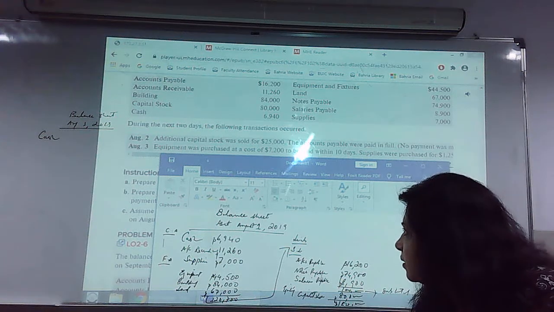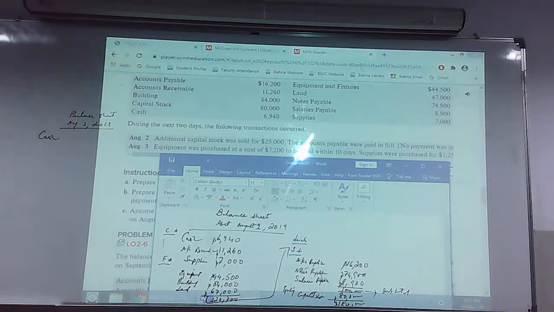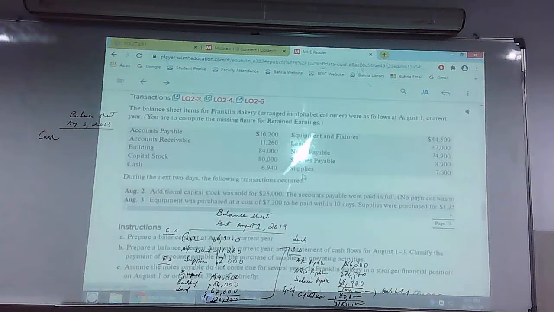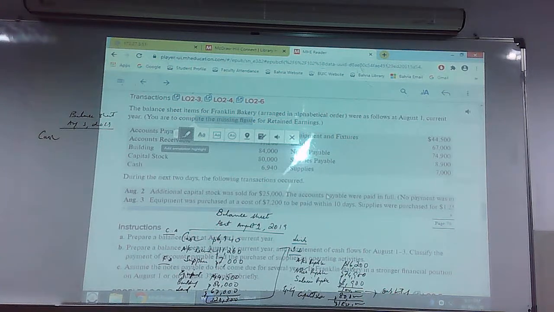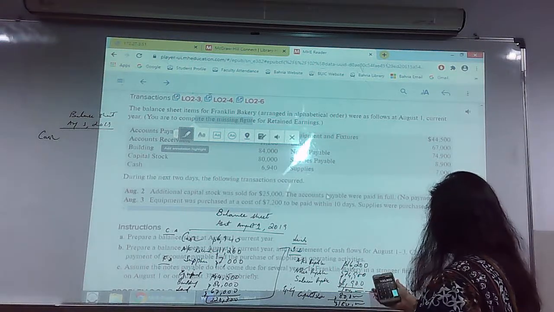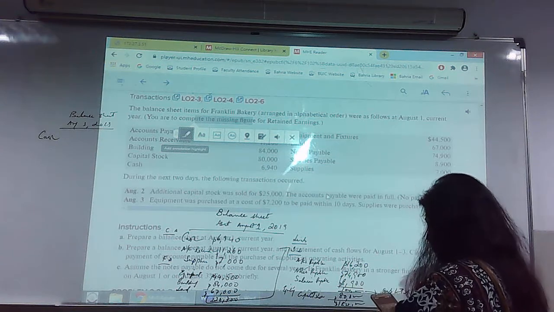So let's just see what they have asked us. Now you are to compute the missing figure for retained earnings. So how do you compute? You just take out the difference. As you can see, this is 180 and this was 220,700.